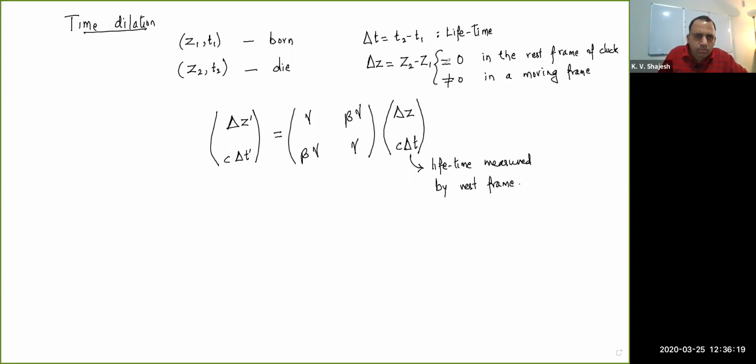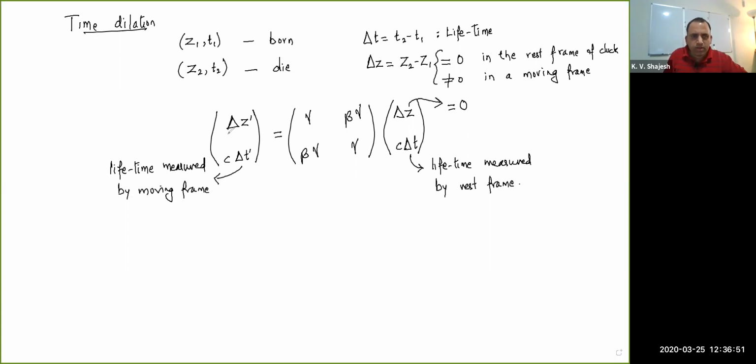And based on that prescription, we immediately require that delta Z has to be equal to 0. Delta T prime here is the lifetime measured by the moving frame. And in general, delta Z prime can be anything.